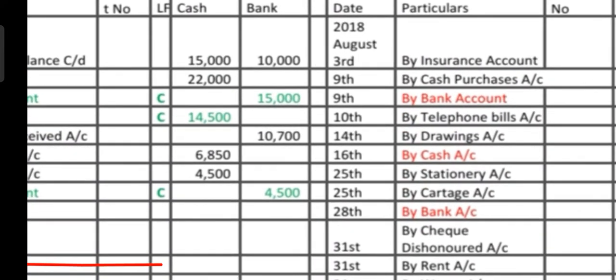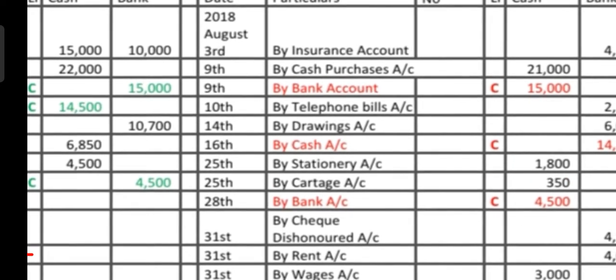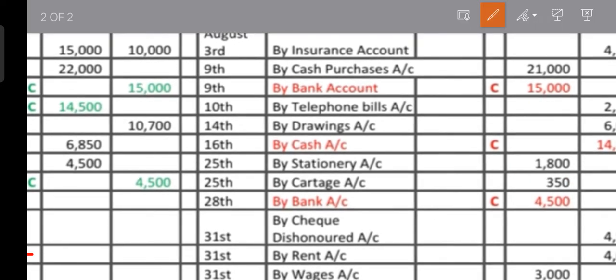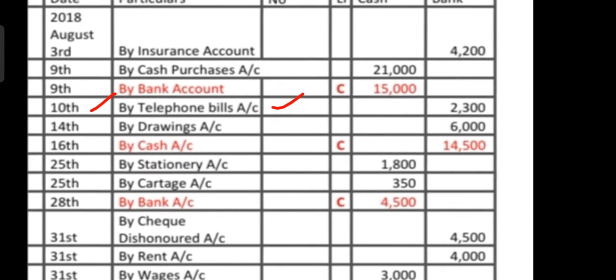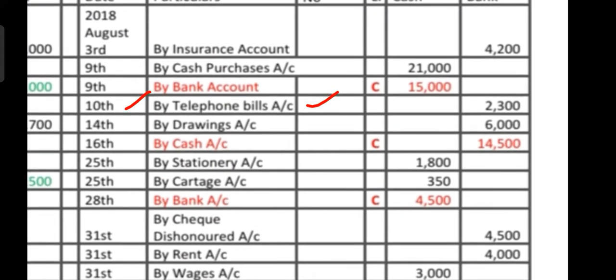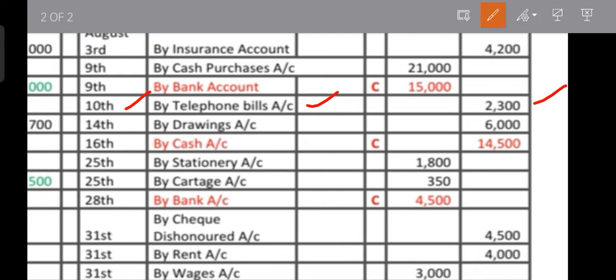This is happening on the 10th. By telephone bill we are paying on the 10th, and we paid 2,300. We reduced the bank balance, so we paid in the form of check, recorded under the payment side in the bank column.